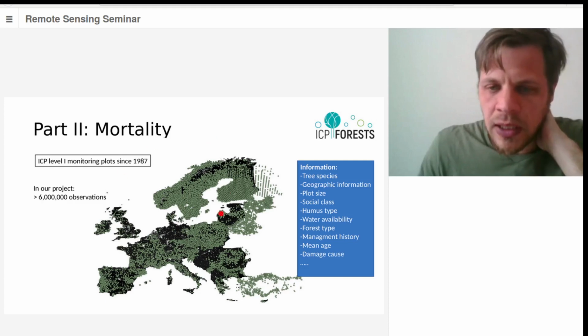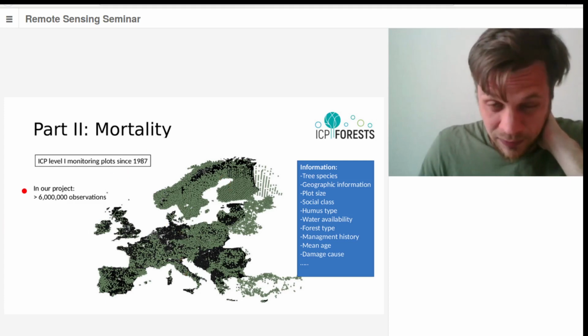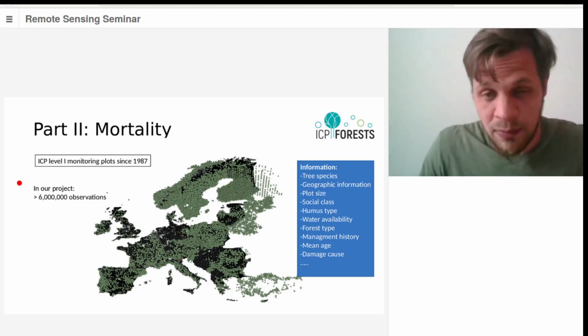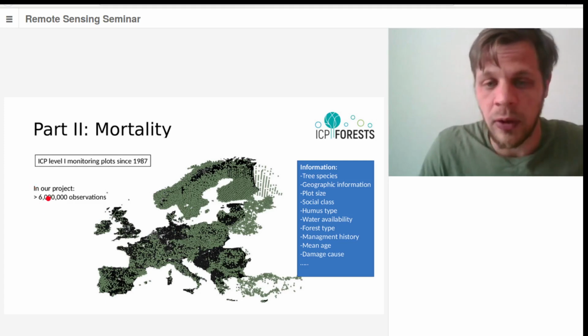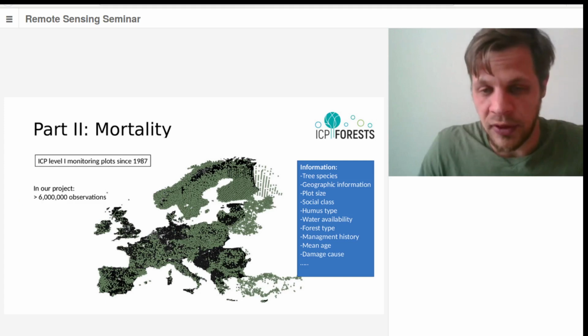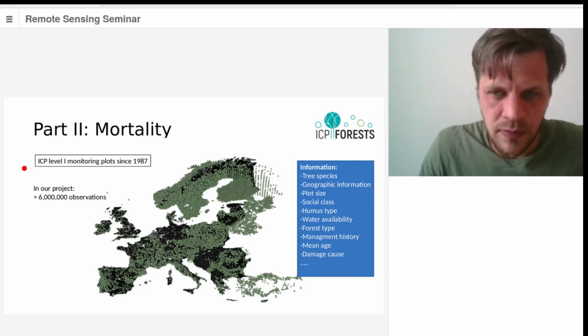I looked it up: if I multiply the number of plots with the number of trees and the number of years we have observations for, in total we get a little bit more than 6 million observations that we have to analyze.